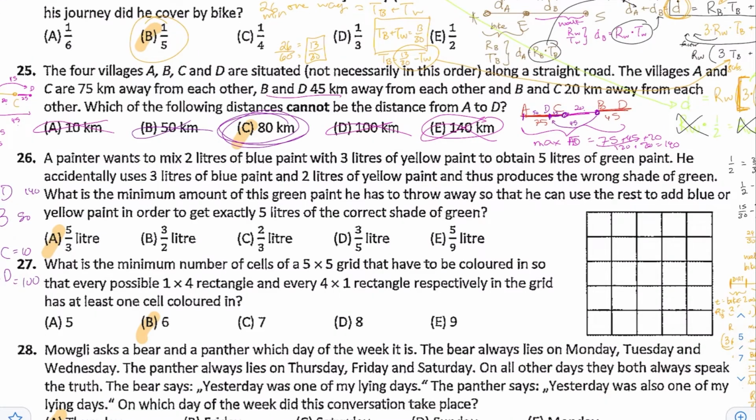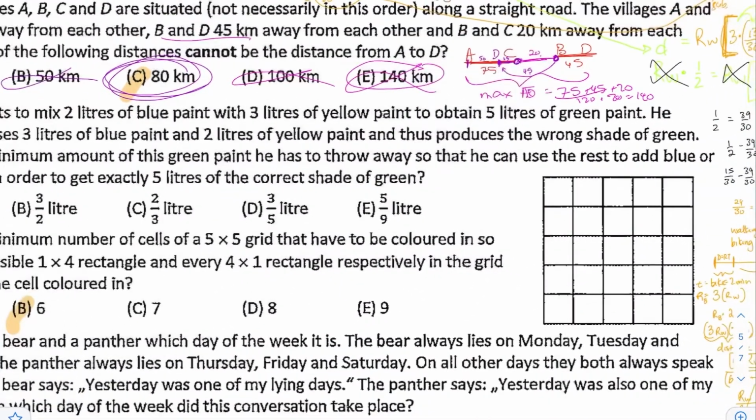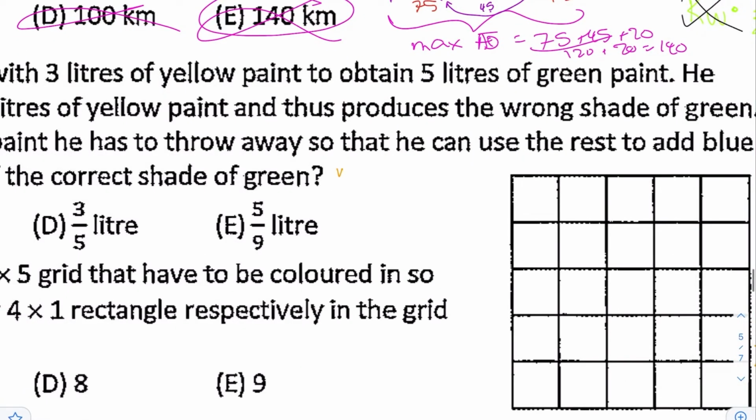So here it's important to organize the information that you have so far. So what you want is 2 gallons or 2 liters of blue. And for yellow, you want 3. So the total would be 5.